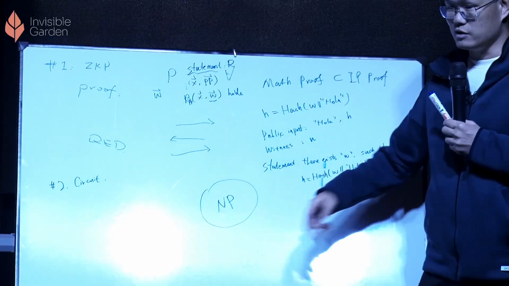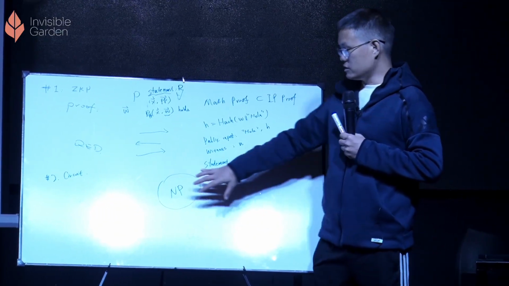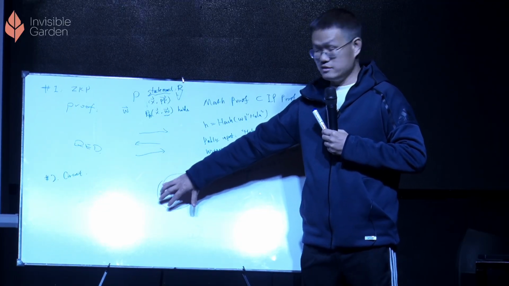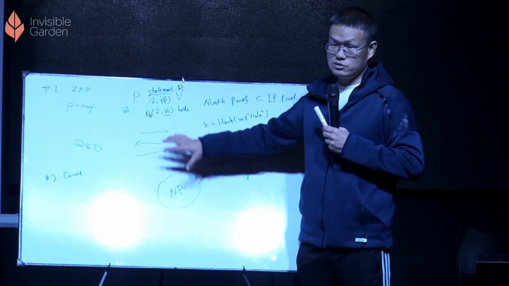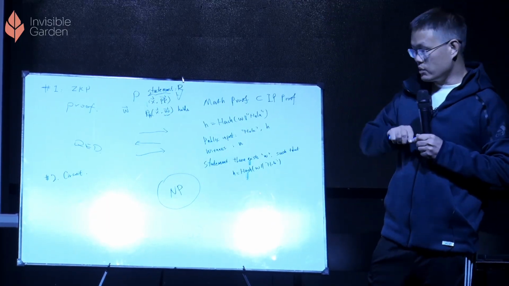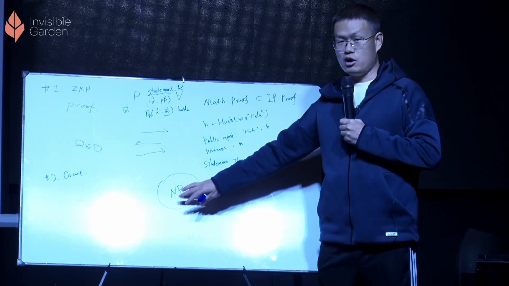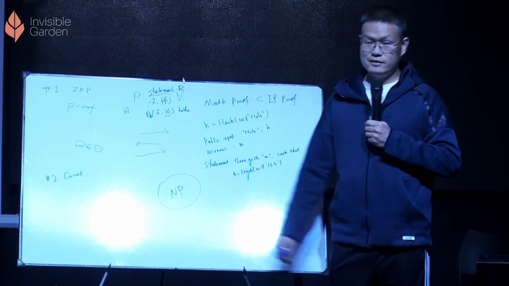NP is a term from computer science. So if there is any problem inside this set, basically the prover can use their own proof to prove it in an efficient way. But what are the problems that belong to this set?